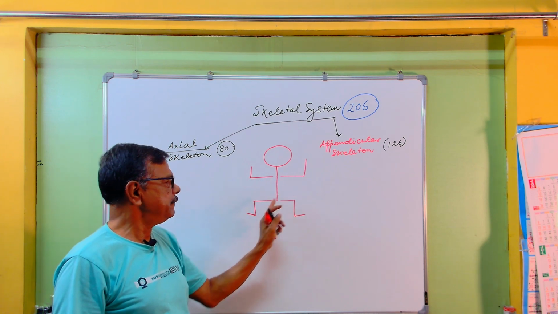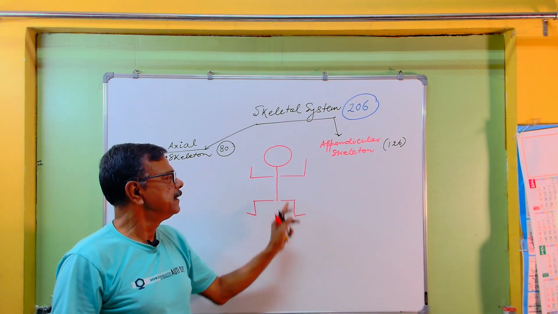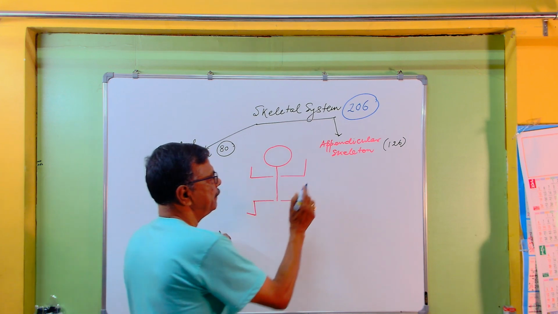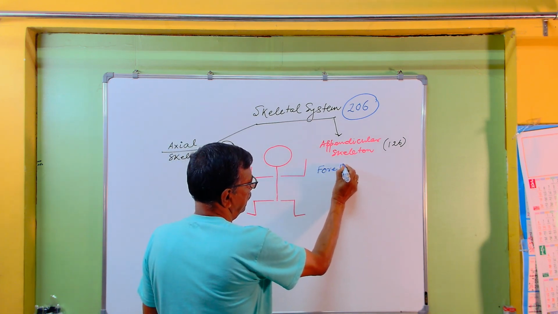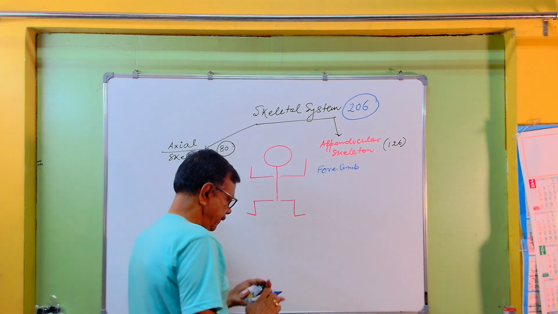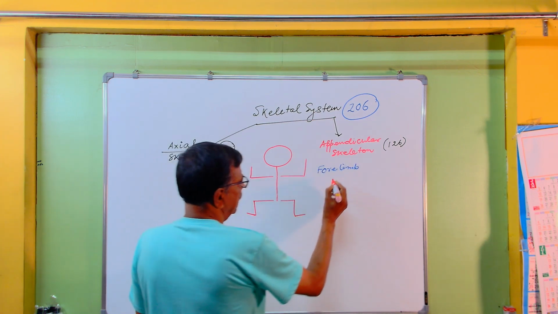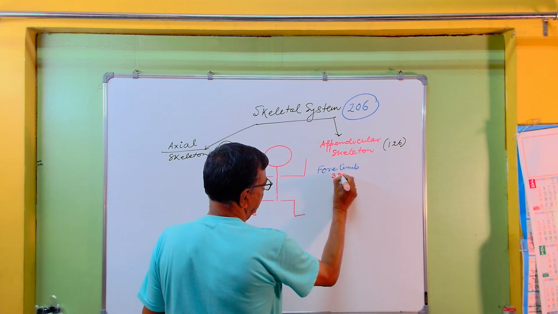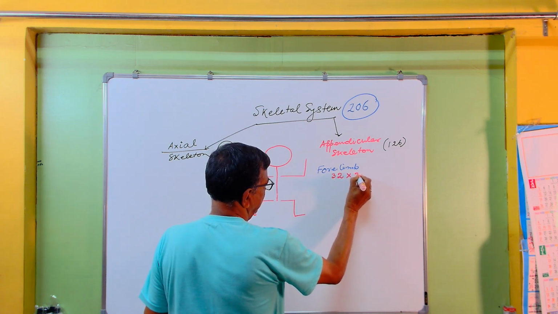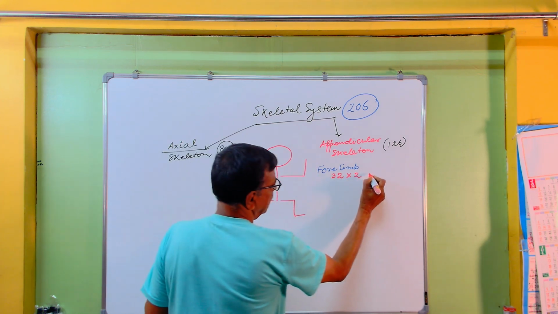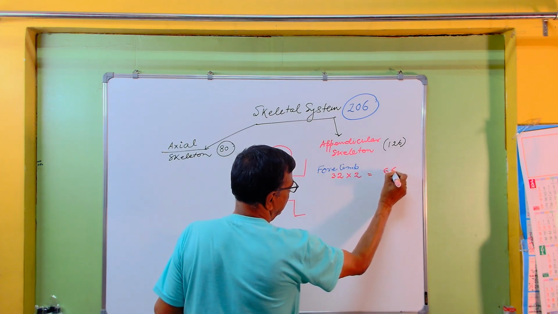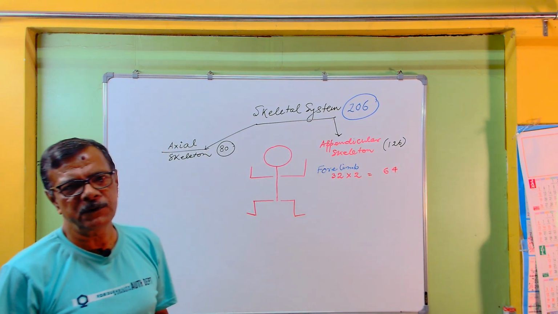This is the forelimb. This is known as the hind limbs. This forelimb consists of, this is 32, this one is 32, total comes to 64 bones.